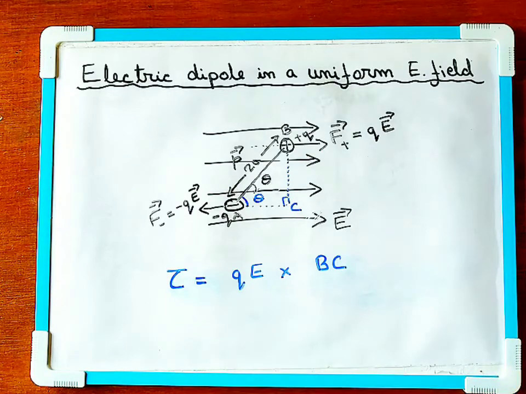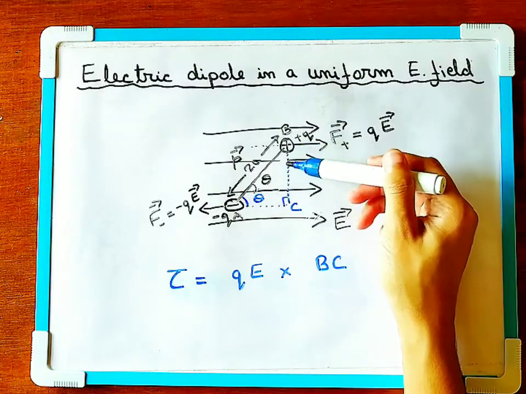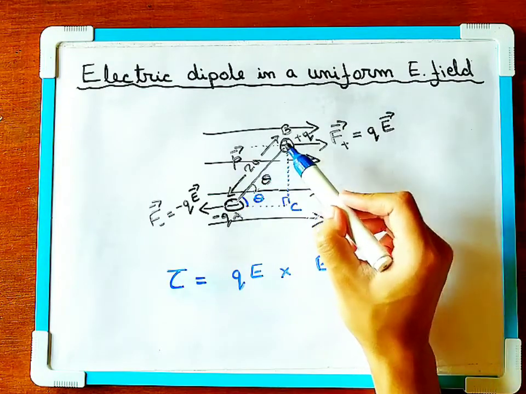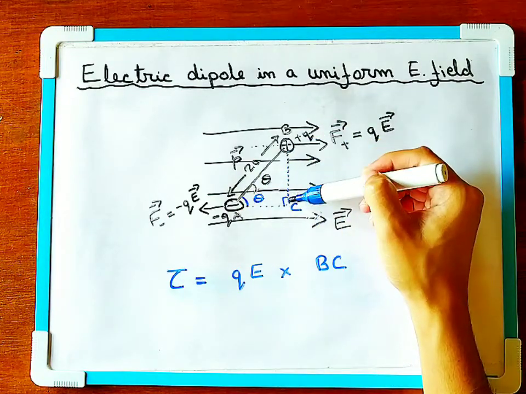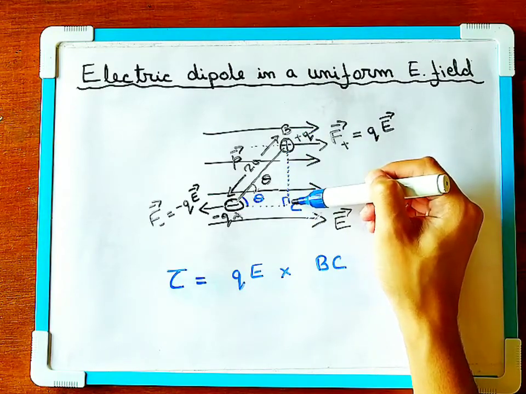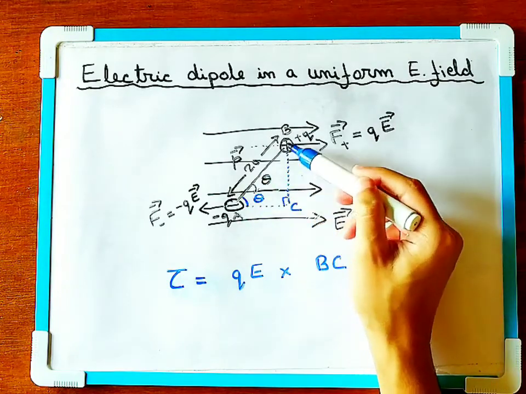So the torque experienced by the electric dipole is equal to QE into BC. Now we'll have to find what this BC is. Using this diagram, you can see here that this is the perpendicular, this is the base, and this is the hypotenuse. So in this triangle ABC, BC is the perpendicular, AC is the base, and AB is the hypotenuse.